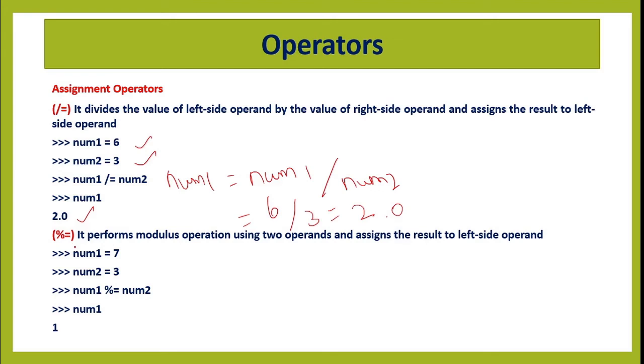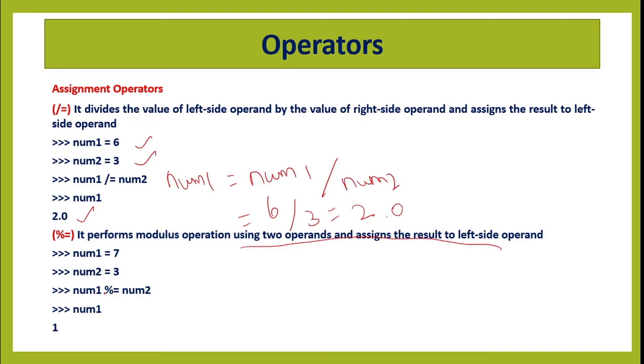Okay. Then the next one, modular shorthand assignment operator. This one performs modulation operation using two operands and assigns the result to the left side operand. See here, num1 is equal to 7, num2 is equal to 3.